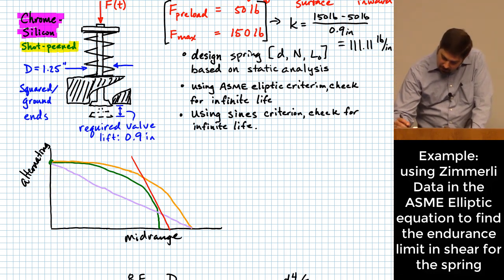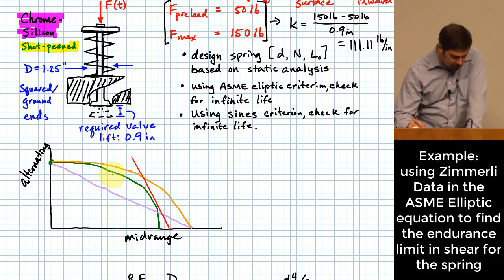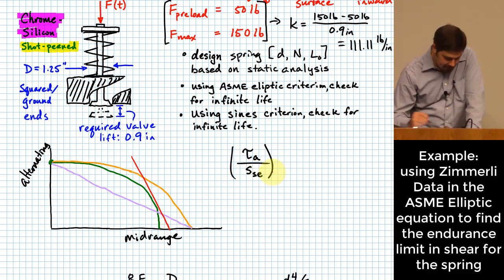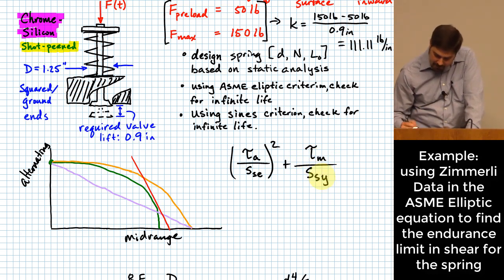This is the equation of the ASME elliptic curve. You take the alternating stress and you divide it by the shearing endurance limit, and that is going to be squared. You add to this the mid-range shearing stress, and you divide this by S sub Sy, which is the yielding strength in shear for that material.